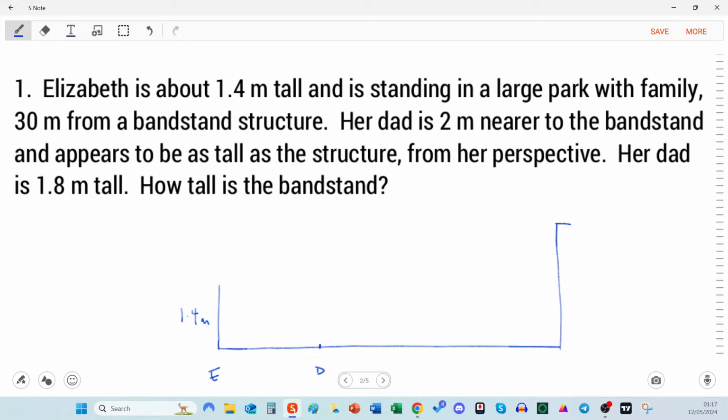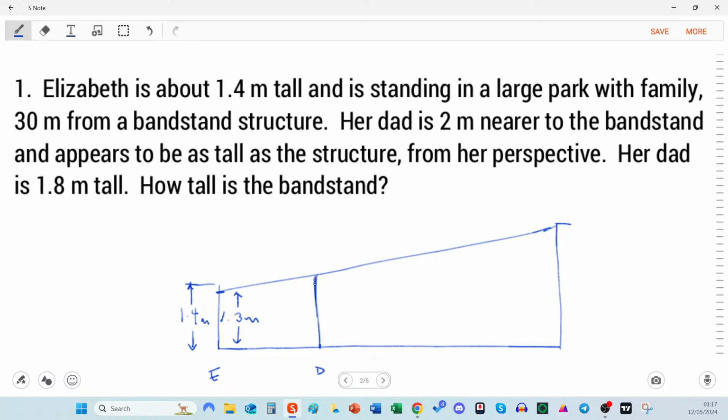I'm going to say that if we take off 10 centimeters, this is going to be more like 1.3 meters, because that's what her viewing angle is. And then the dad is here.